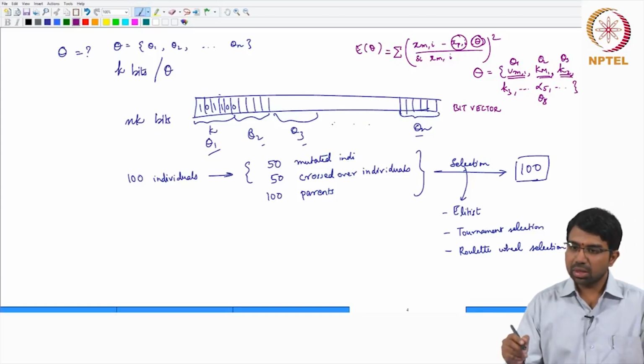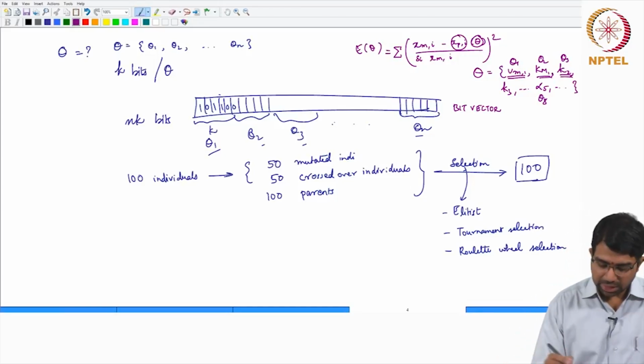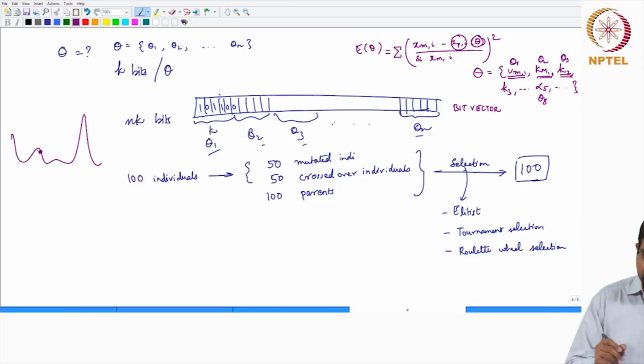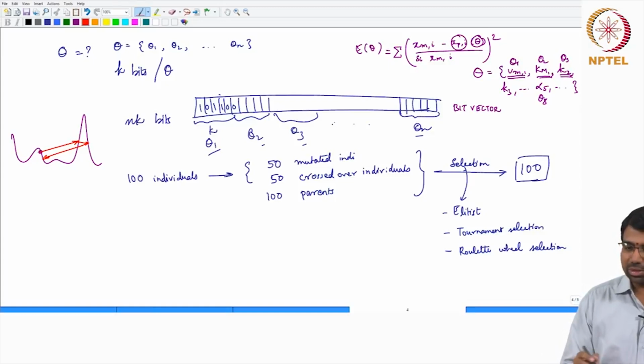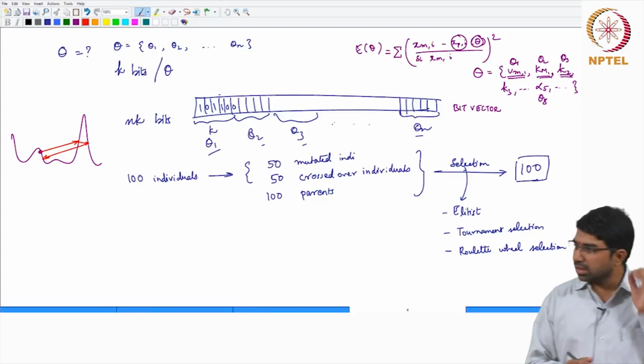Now, this is the equivalent of the point that is being explored, right. From here you make a mutation, you probably jump here, you make a crossover, you probably jump here, you make another mutation, you probably jump here and so on, right. This is what it practically means. Of course, this is a point in n dimensional space and here we are talking about single dimensions, but the idea is the same, right.